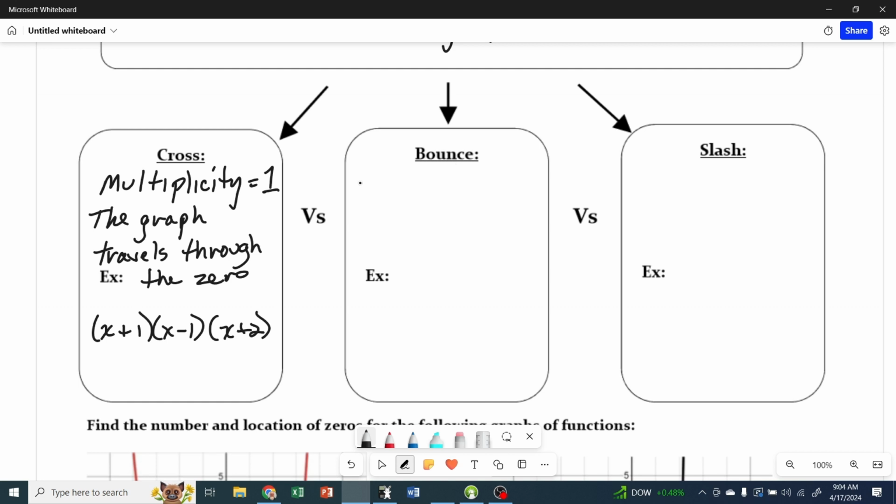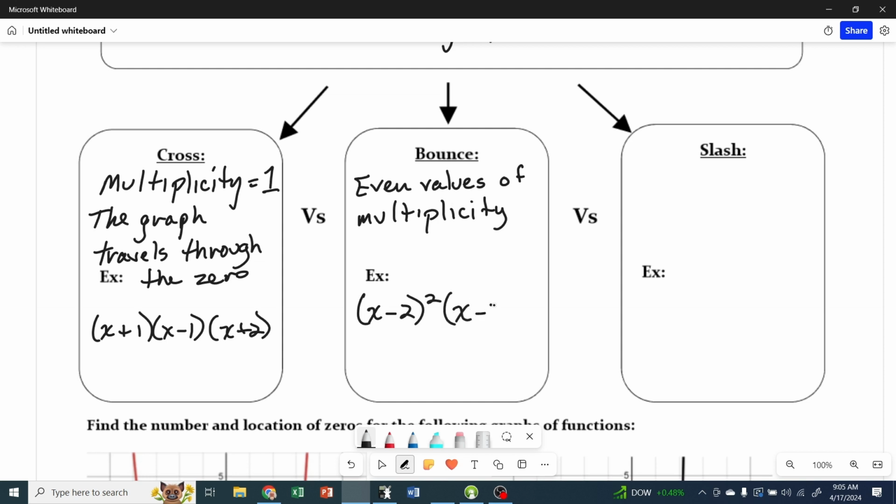On a bounce, you have even values of multiplicity. So that would be something like this: if I had (x minus 2) squared, (x minus 3) to the 4th.